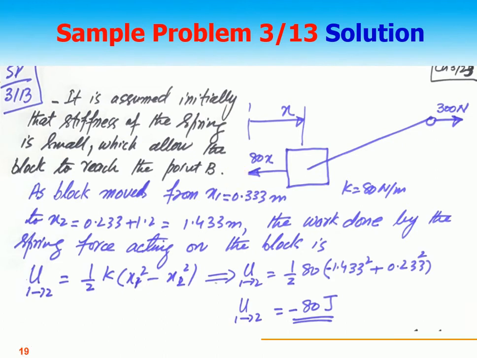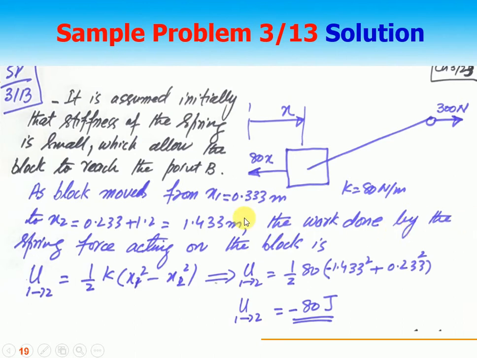It is assumed that initially the stiffness of the spring is small, which allows the block to reach point B. So as the block moves from x1 = 0.233, x2 is equal to 0.233 plus 1, that is 1.233 meters.